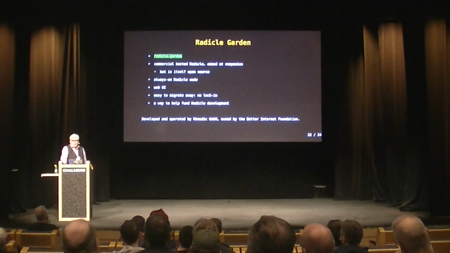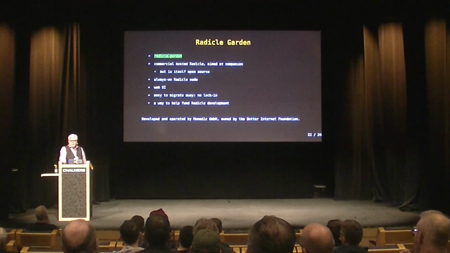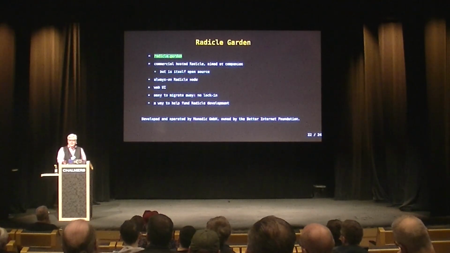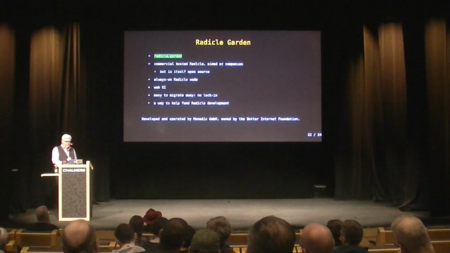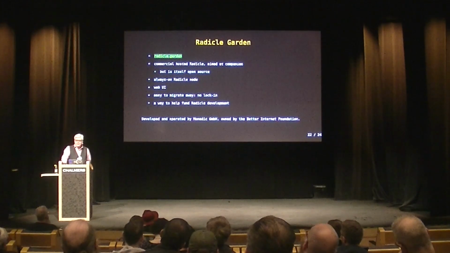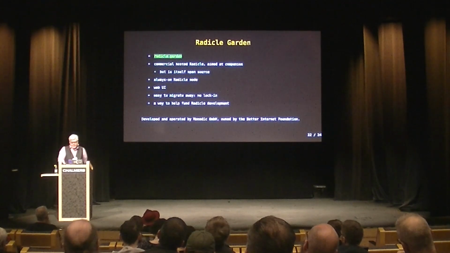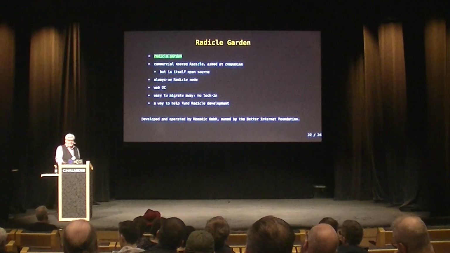The Better Internet Foundation owns a German company called Monadic that develops a service called Radicle.garden. That's an actual domain name. It came as a surprise to me that garden is a TLD.